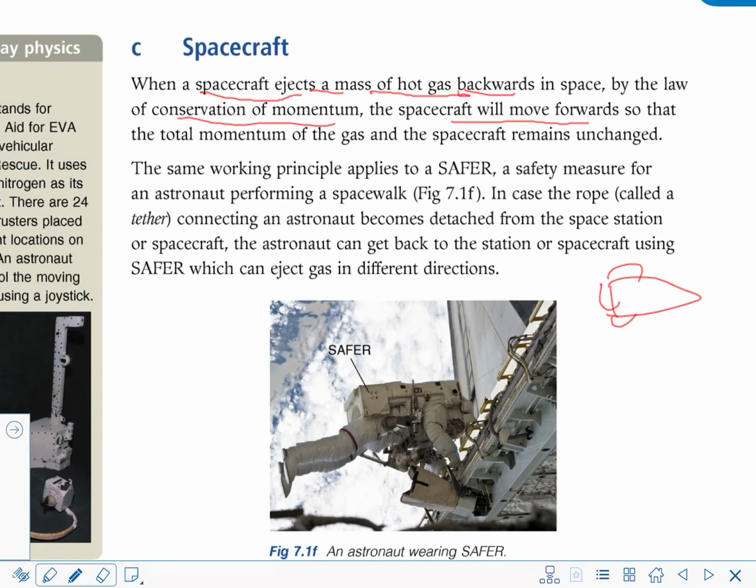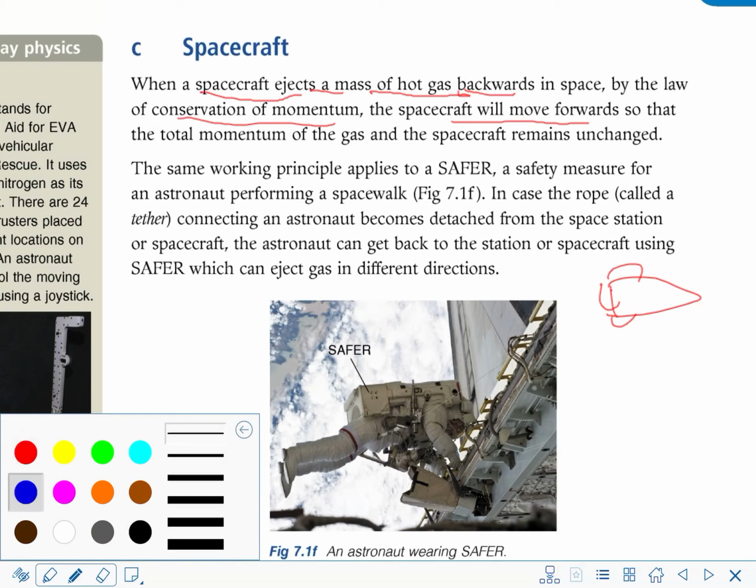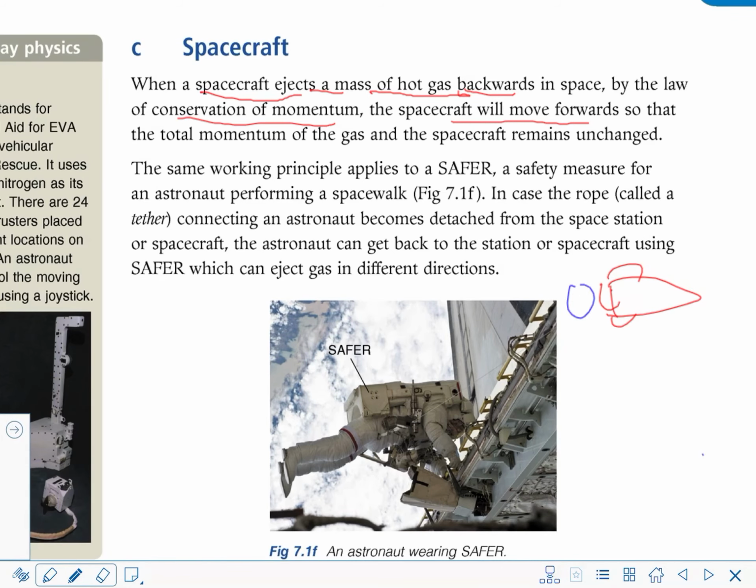Do you agree? If the spacecraft ejects hot gas backward, the spacecraft will move with a forward speed.